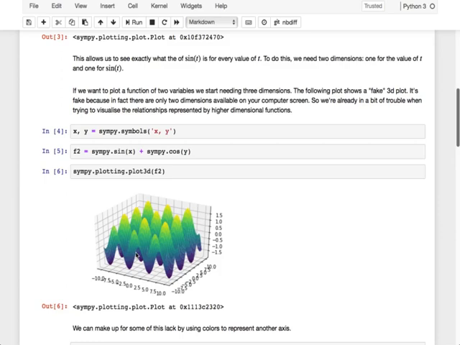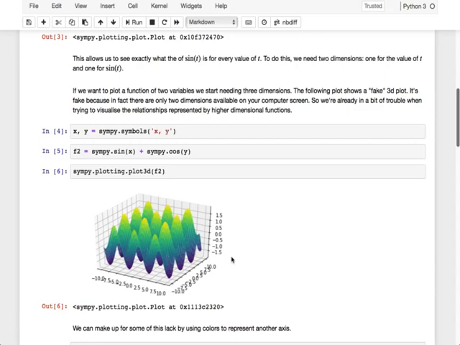Now, please note, this is a pseudo three-dimensional chart. In other words, it looks three-dimensional, but in fact it is being projected onto the two-dimensional screen. If you're watching this on YouTube, you will have to agree that your screen is two-dimensional, even though this seems three-dimensional.